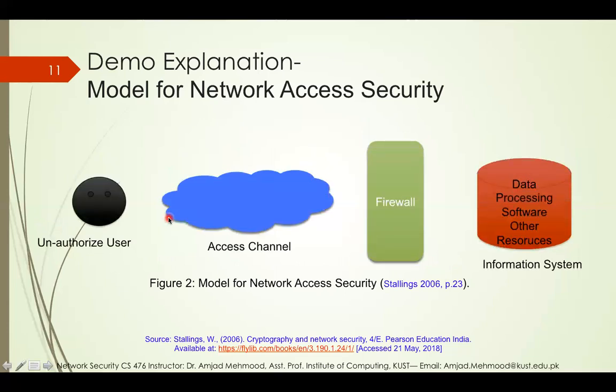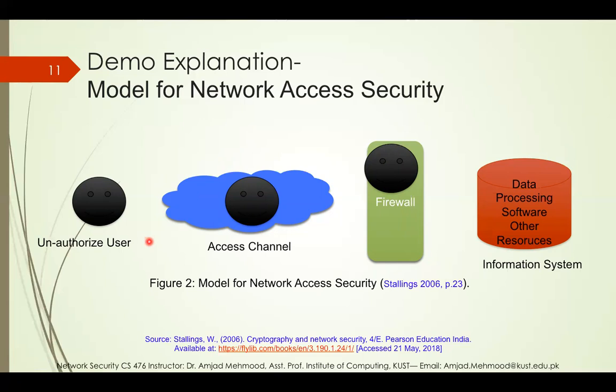On the other hand, if an unauthorized user comes and gets the access channel and reaches the firewall, as he is an unauthorized user, he will not be able to answer the questions of the firewall, because he is not prepared for those questions.